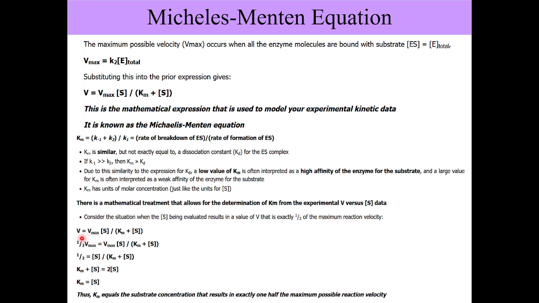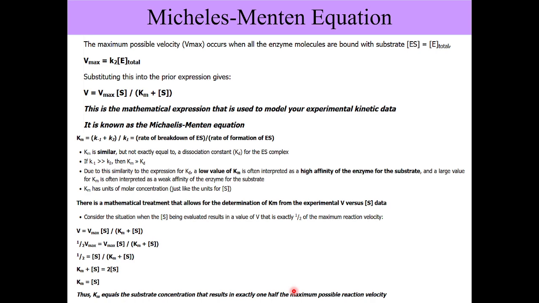If you substitute this V for half of Vmax and solve it, you come to this conclusion: Km is equal to S. That tells you that Km equals the substrate concentration that results in exactly half the maximum velocity of the reaction.